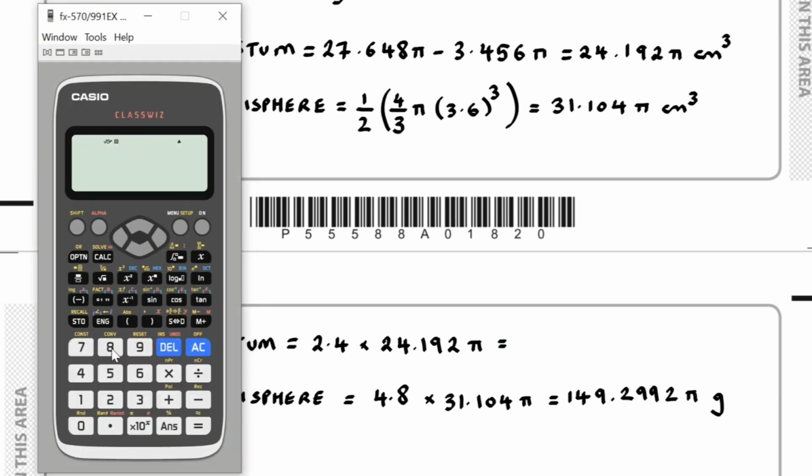So if I work out what this is, I've got 24.192, which is the volume, and I'm timesing this by 2.4. So it turns out we get a mass of 58.0608 pi grams.